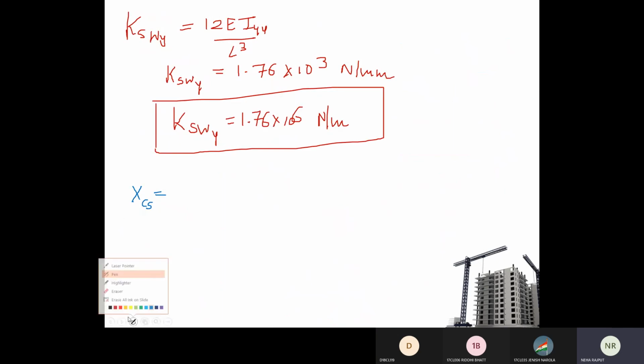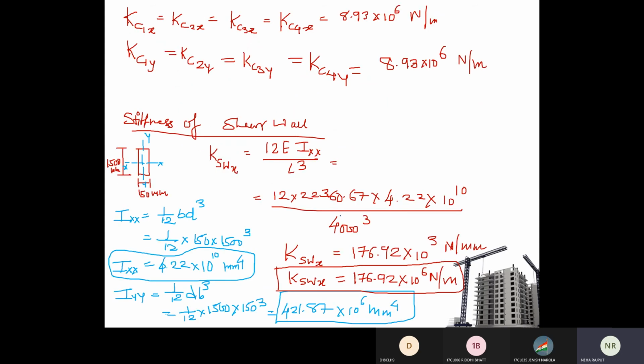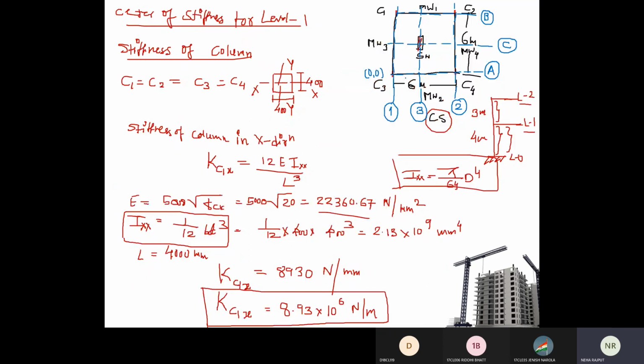Now for the calculation of the center of stiffness, the very first thing you can do is find the total stiffness of grid A. Find all the stiffness of grid A. Now this is your A grid, right?